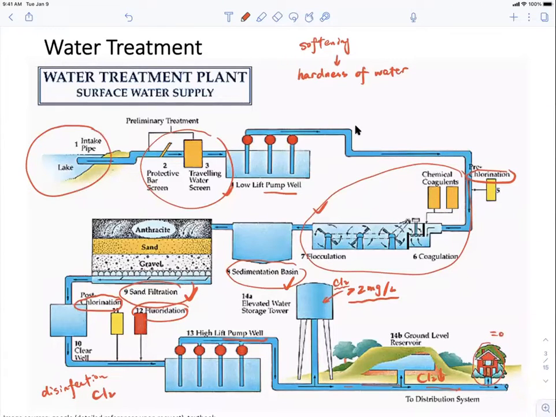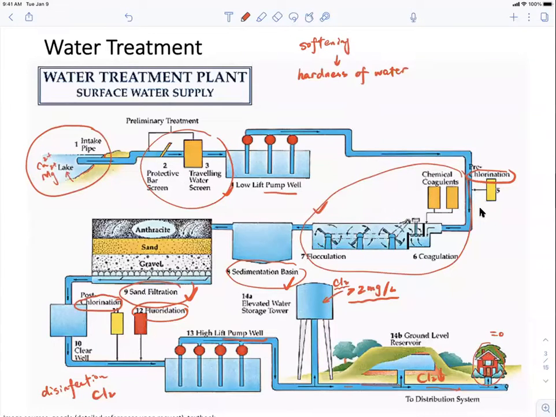So in the surface water, there are not a lot of rocks or minerals or formations that can dissolve these calcium or magnesium ions into the water. But when we're taking groundwater, for example, in Rolla, we're heavily relying on the well water, groundwater.